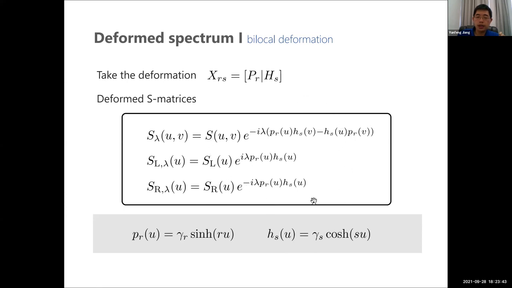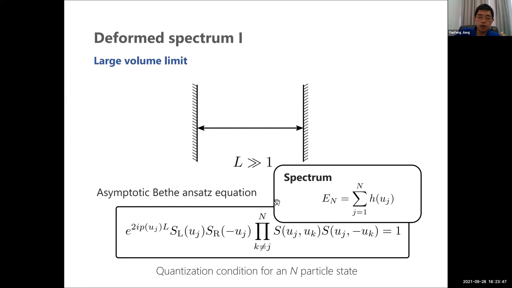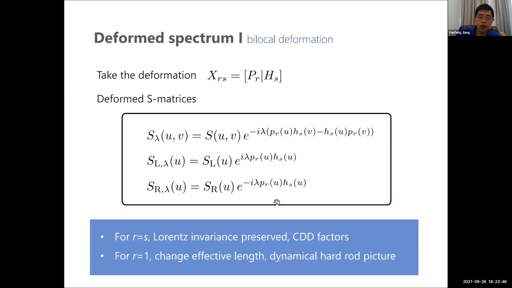And you just plug this deformed S matrix into the quantization condition here. Let me mention two comments. First, if I take R equal to S, then Lorentz invariance is preserved, and what we have is the CDD factor. But if you take R and S different, then typically this deformation does not preserve Lorentz invariance.